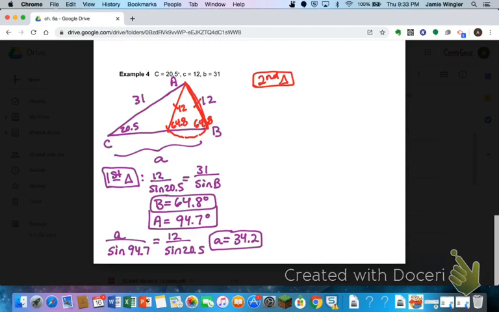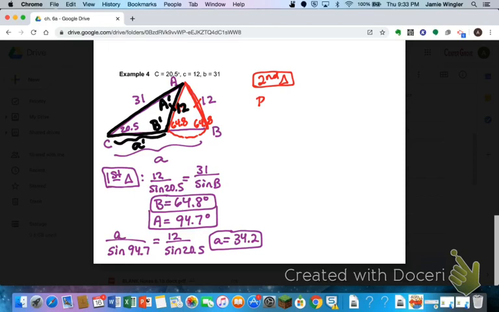Remember, the new triangle is always the one that has the givens in it. So the 20.5 was given, the 31 was given, and then this given right here is 12. That means this is our new angle B, this is our new angle A, and then this side here is our new side A.